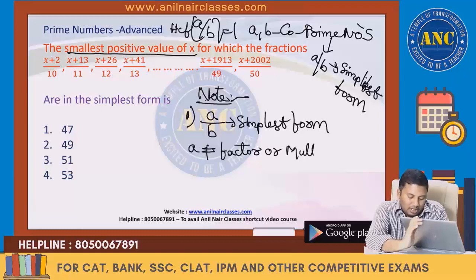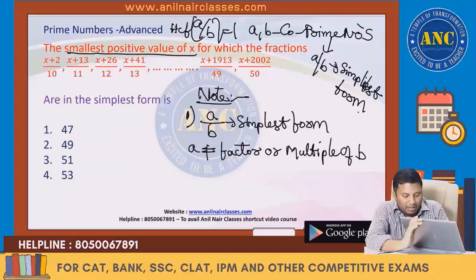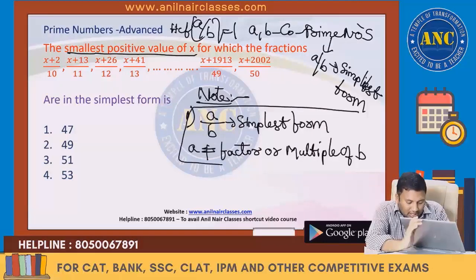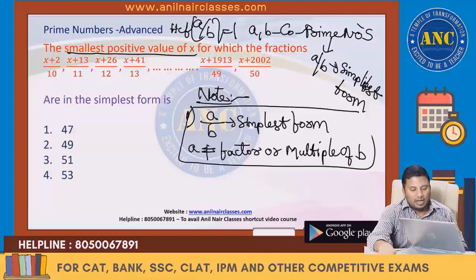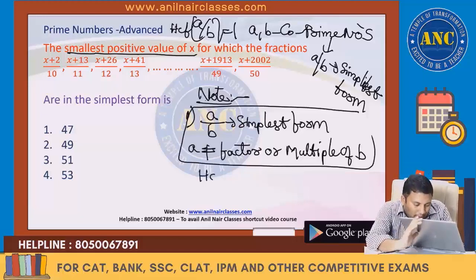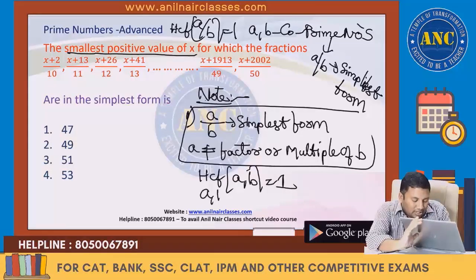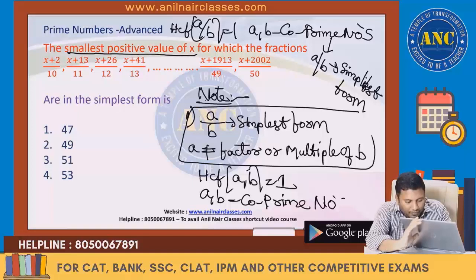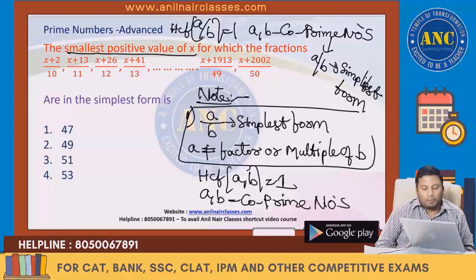With an example, I will make you understand. Or in other words, two numbers in a fraction are said to be in its simplest form when these two numbers are co-prime to each other.